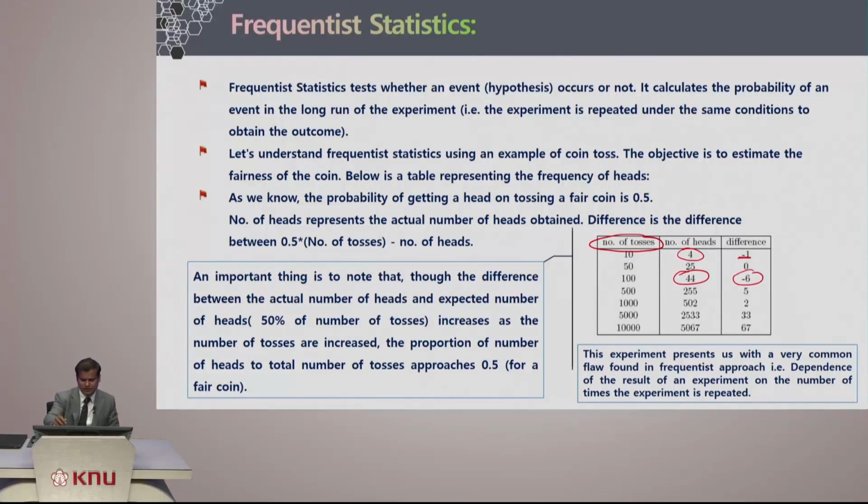But as you increase to 10,000, there should be 5,000, but we got 5,067. That is one of the interesting facts, that people found that when we increase the frequency of a certain event, there may be a chance that the whole probability measures might be biased in some ways.